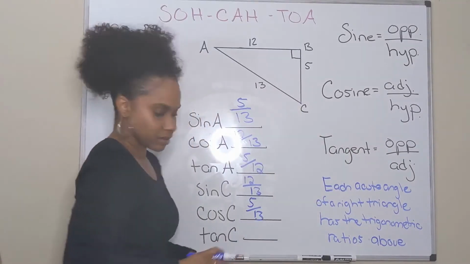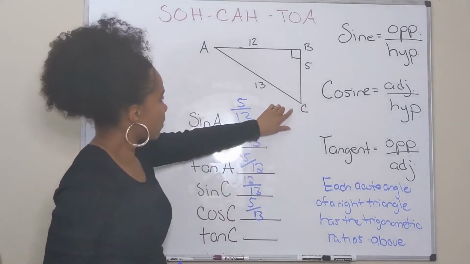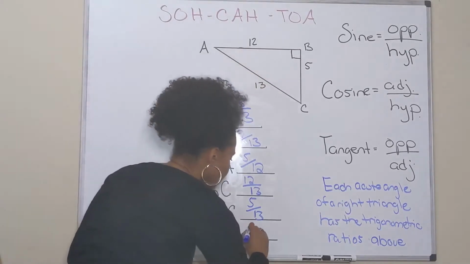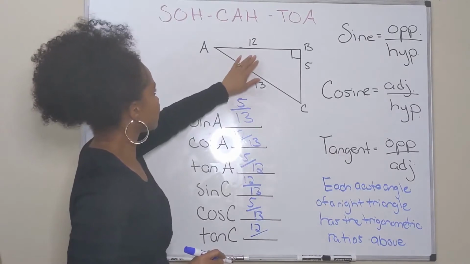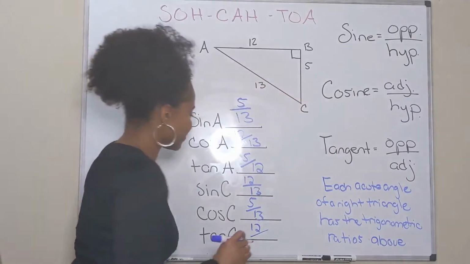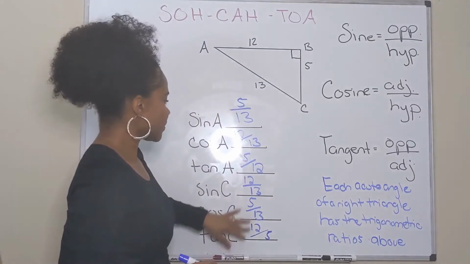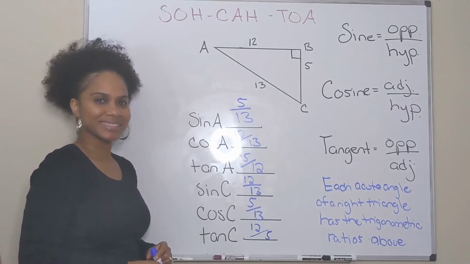And then last, we have our tangent of C, and that would be opposite, 12, over adjacent, which would be 5. So we found our trigonometric ratios for the acute angles of this triangle.